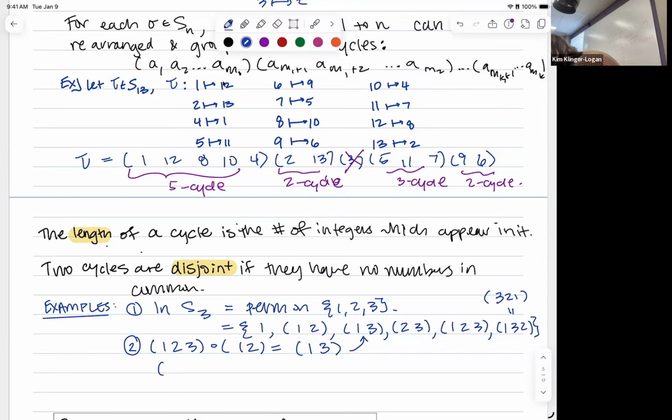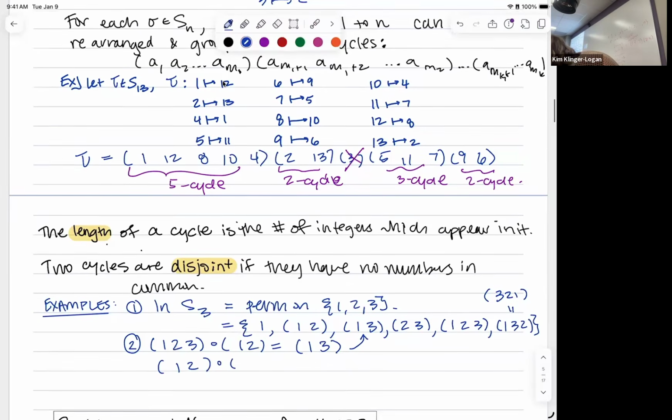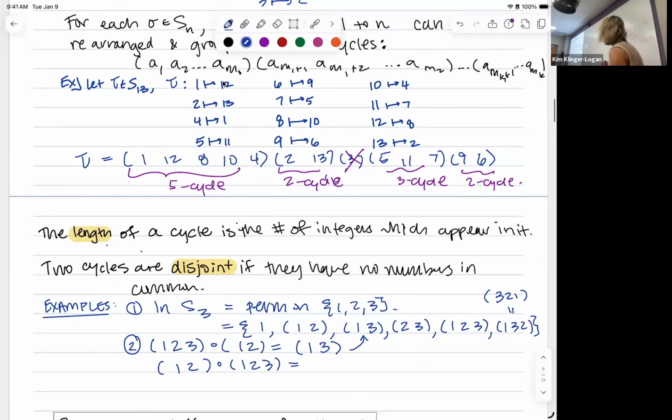I can, of course, do this the other way and ask what happens if I take (1 2) and compose in the opposite order. Let's now think about where 1 goes. 1 goes to 2, but 2 goes to 1, so here 1 is being fixed. Do we see that? We work on the inner thing first because we're doing function composition. 1 is going to 2, whereas 2 going back to 1, so 1 is staying fixed.